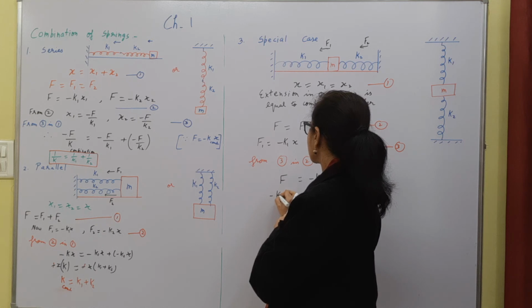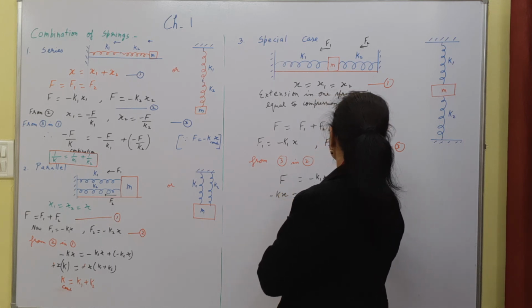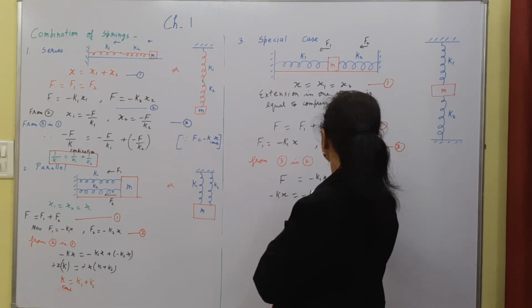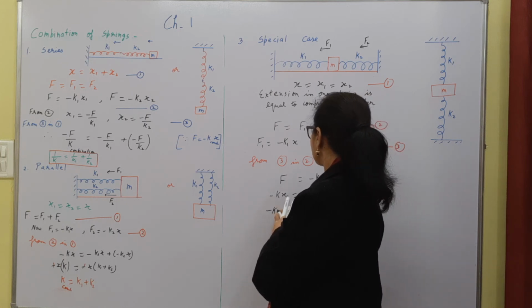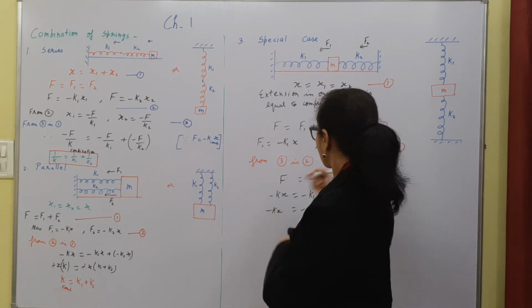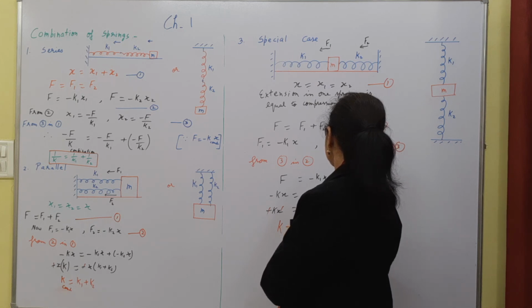This can also be written as minus kx is equal to minus k1x minus k2x. We can take minus x common here, this will be k1 plus k2, and here we can cancel out this x. So k is equal to k1 plus k2.